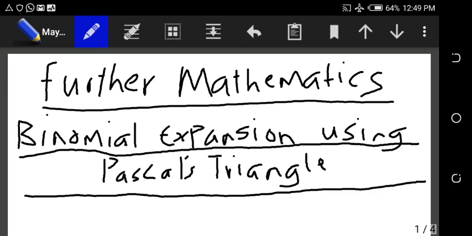He was a mathematician. There had been people hundreds of years before him who had been studying this particular triangle. However, he popularized it, and that is why it took on his name, Pascal. His name is Blaise Pascal.